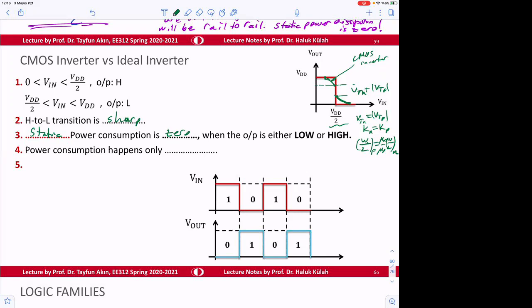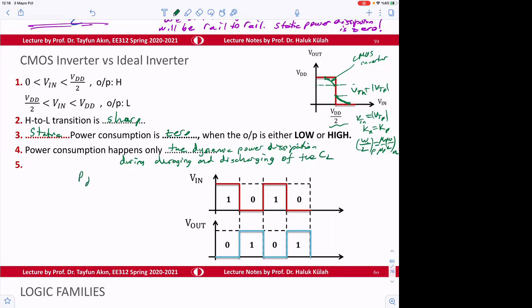Power consumption depends only on the dynamic power dissipation that happens during charging and discharging of the load capacitance.